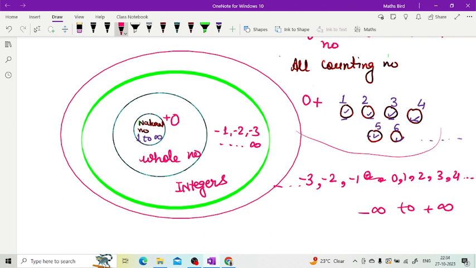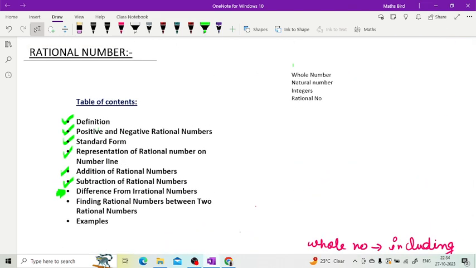Now the definition: what is a rational number? The word rational is made from the word ratio. When we talk about ratio, if we take two numbers p and q, this is the symbol of ratio, p ratio q, and we can also write it as p upon q, right?